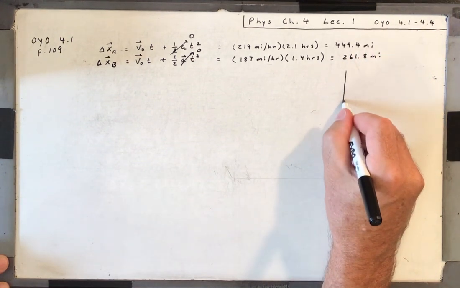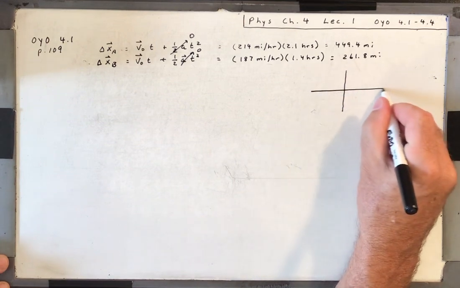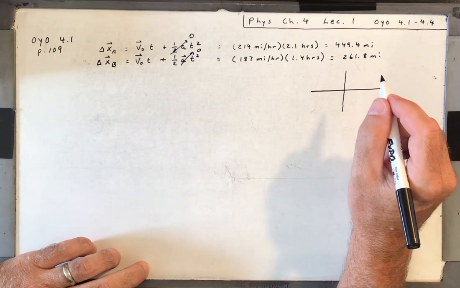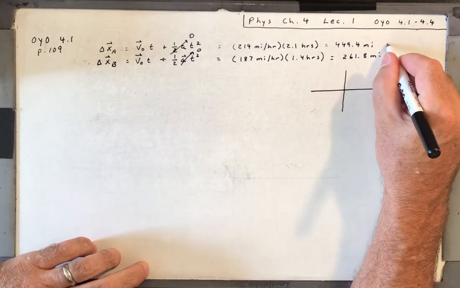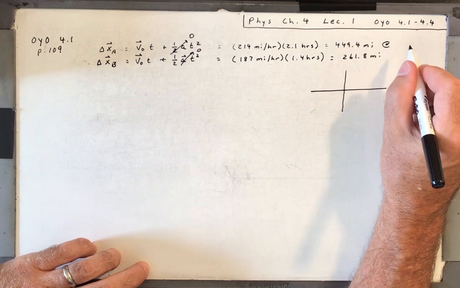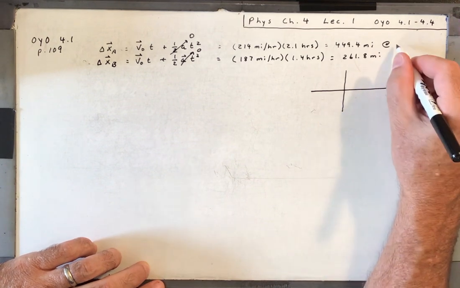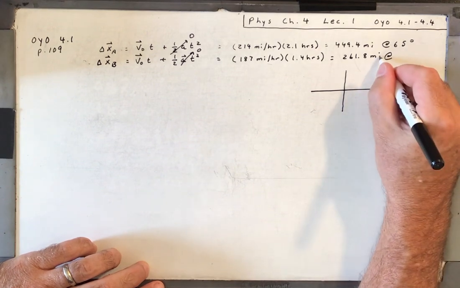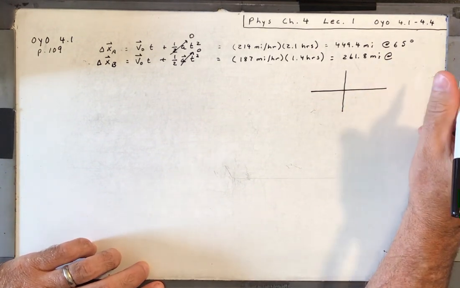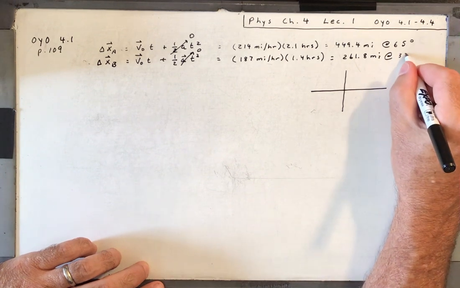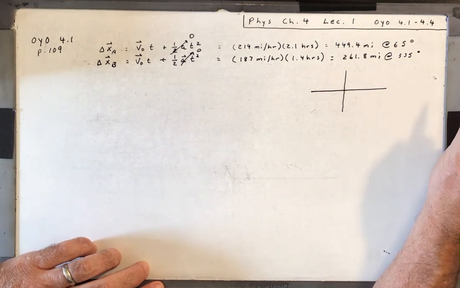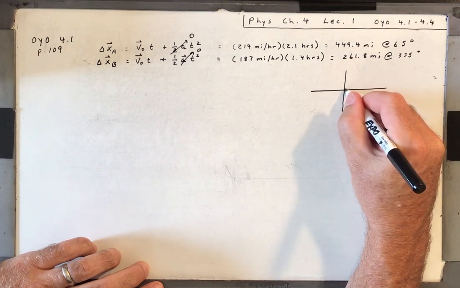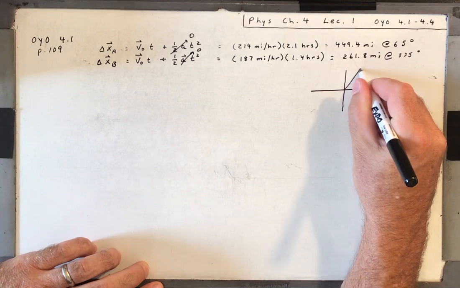So if we were to graph this real quick, just to see where we should end up: the first leg of the journey is 449.4 miles at 65 degrees, and the second leg of the journey is at 335 degrees. 65 degrees is about like this, and it's the longer leg of the journey.